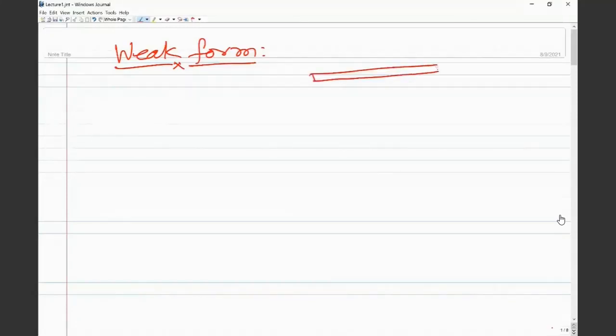Let us take a simple example: you have a bar with x as the coordinate, and along the x direction we have the displacement u. This bar is subjected to a distributed force per unit length along its length, let us say q, and the length of this rod is l.